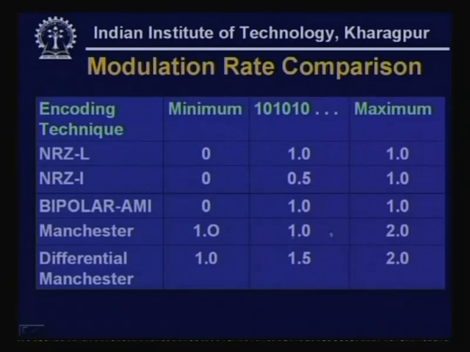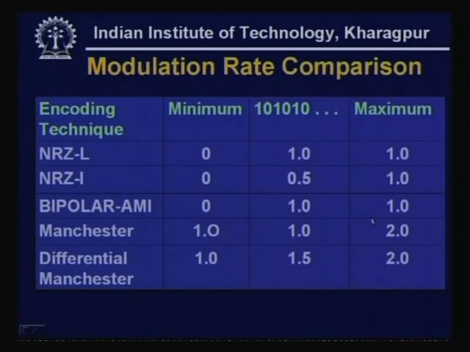As you can see here, from the viewpoint of modulation rate, bipolar AMI has a good characteristic. On the other hand, Manchester and differential Manchester require a higher modulation rate compared to the other schemes, and as a result they are not very attractive from this viewpoint.